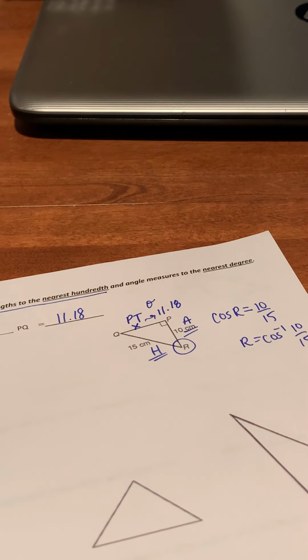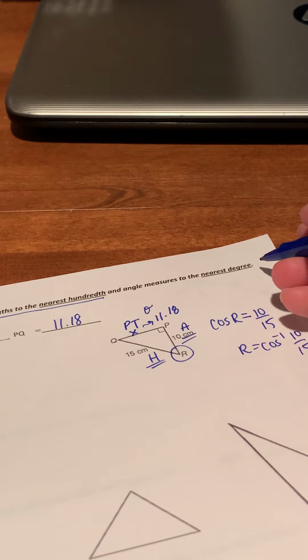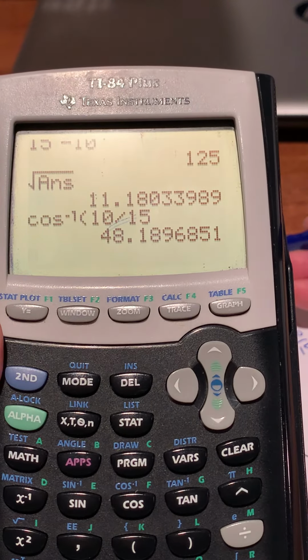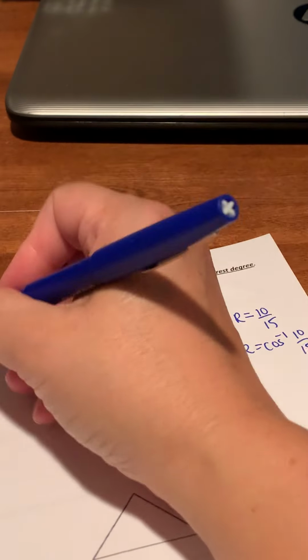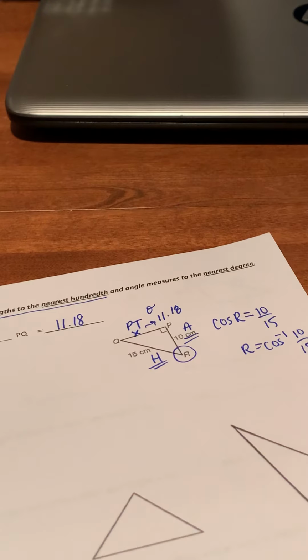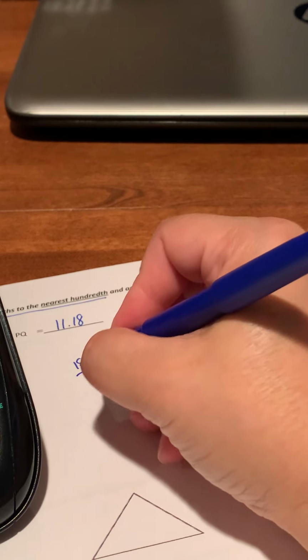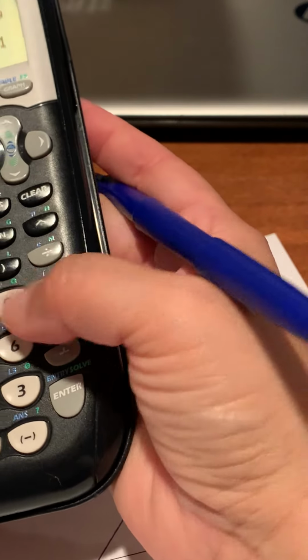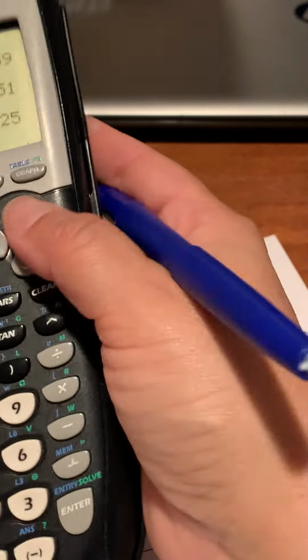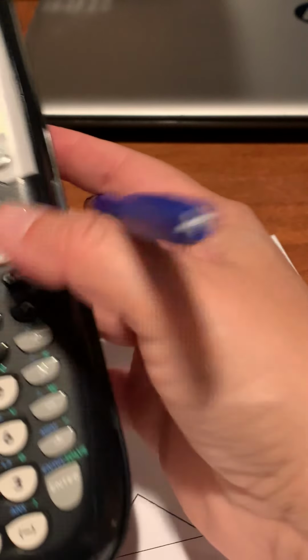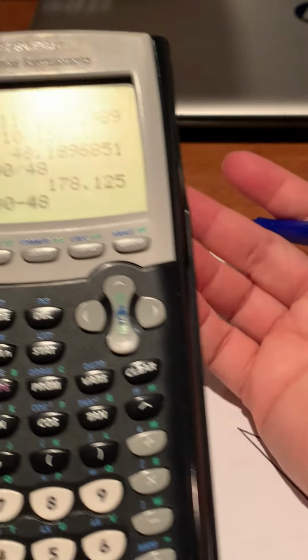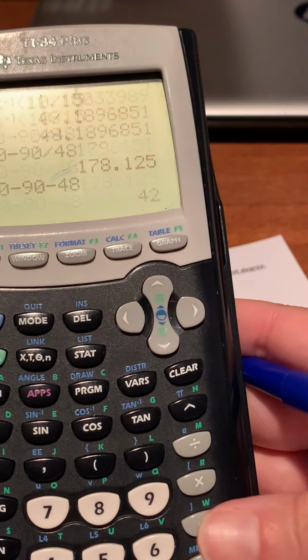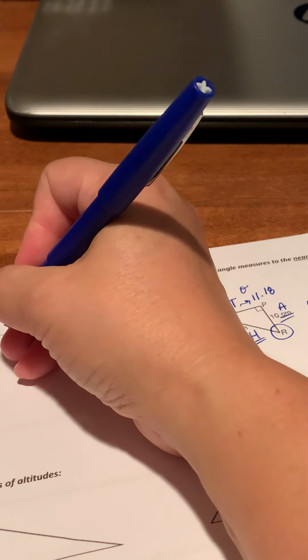So angle R says the nearest whole degree. So the whole degree would be about what, 48? And 180 minus 90 minus 48 will end up being 42 for the other one.